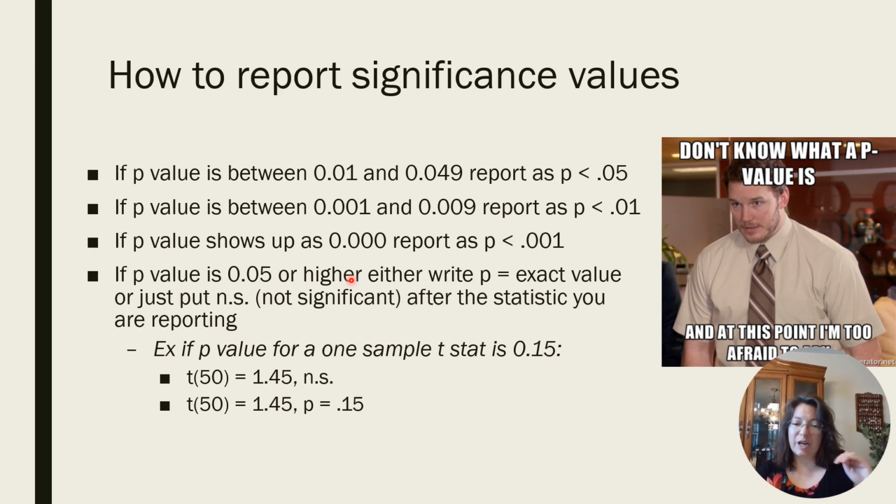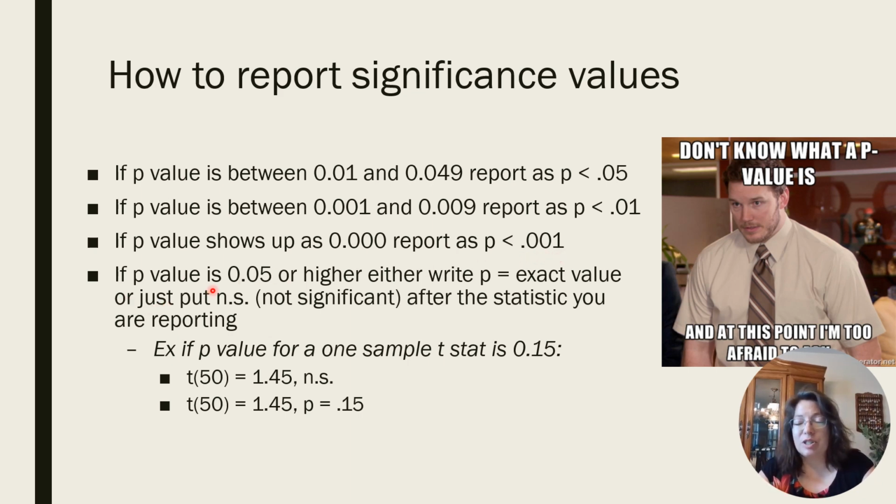If it shows up in your SPSS output as 0.000, SPSS isn't actually saying that your significance value is 0 and that there's absolutely no chance you've committed a type 1 error. It's just that it's a very, very small value and it doesn't have enough space in the column to indicate that. So that's why every time we see 0.000, we report it as p is less than 0.001.